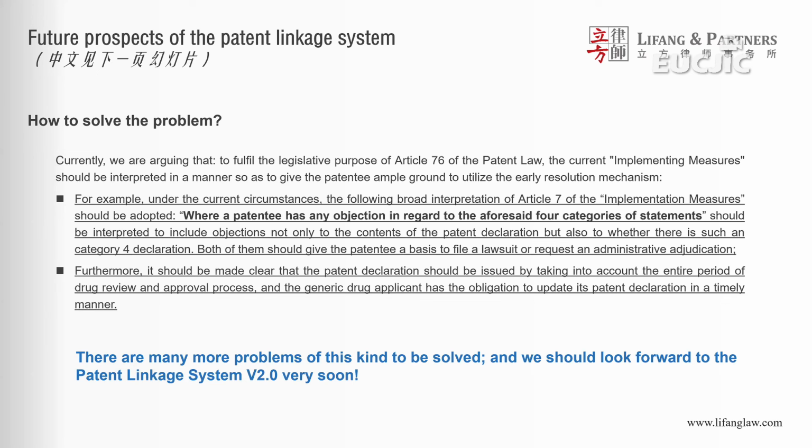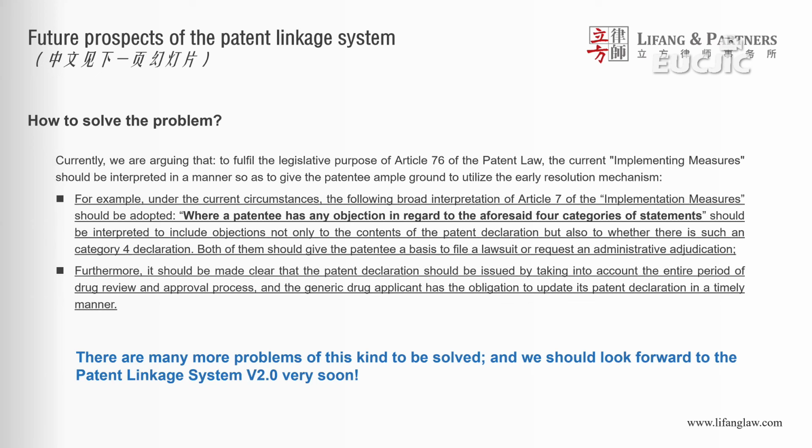It's also when there should be a category 4 statement issued, but there's no such category 4 statement issued, the patentee can also commence an action. And we're trying to persuade the court or the patent office to accept this interpretation.